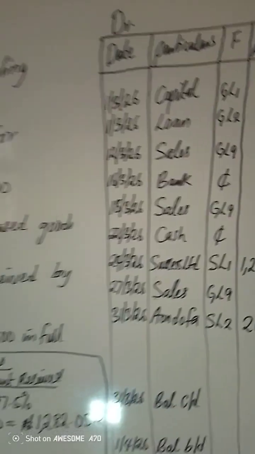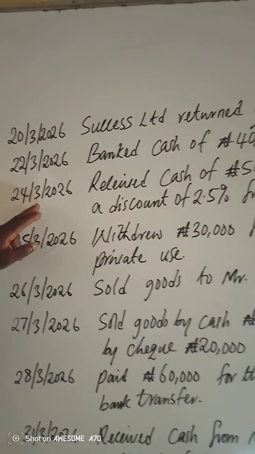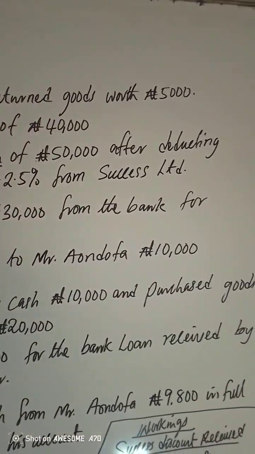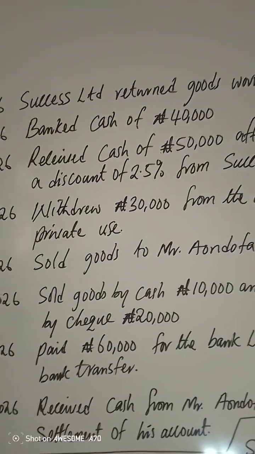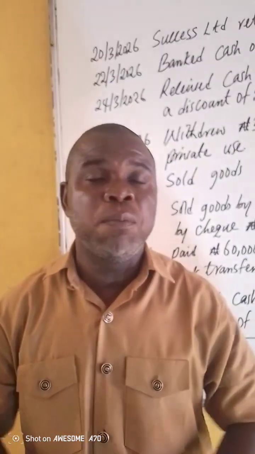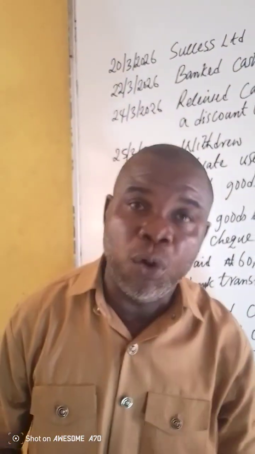Then next, we go to the next one, which says on the 24th of March 2026, received cash of 50,000 after deducting a discount of 2.5% from Success Limited. Mind you, this is an area where most learners will be so confused, because most learners believe that any discount that is calculated should be over 100.